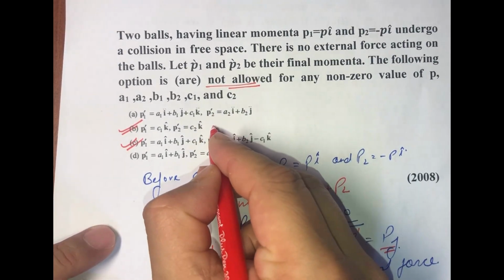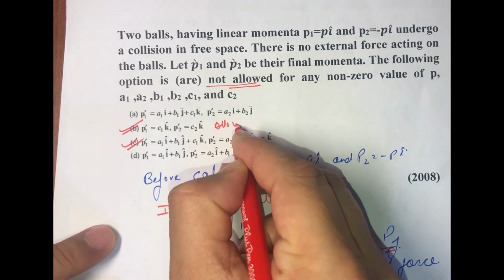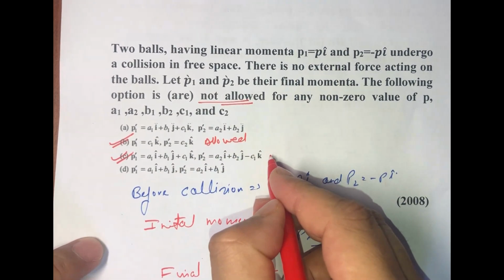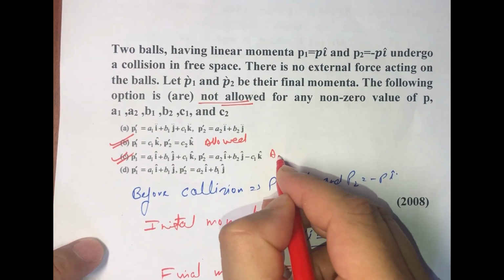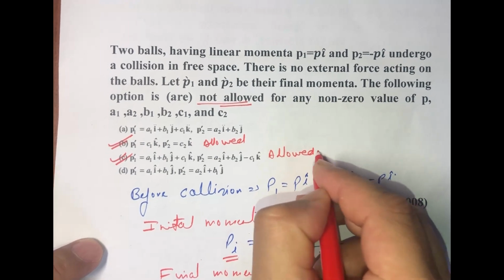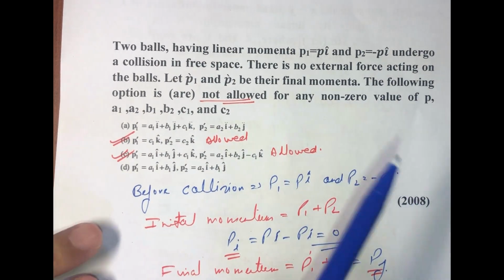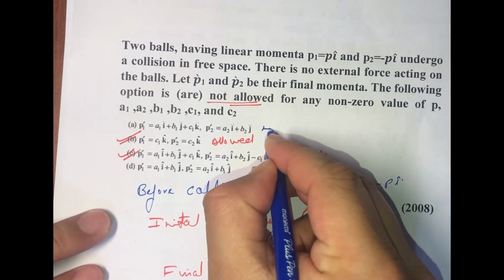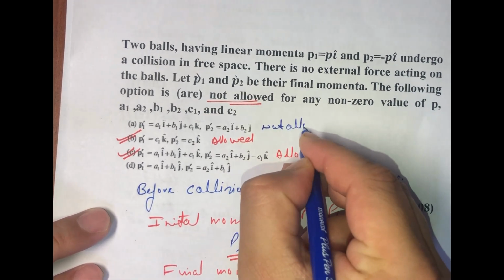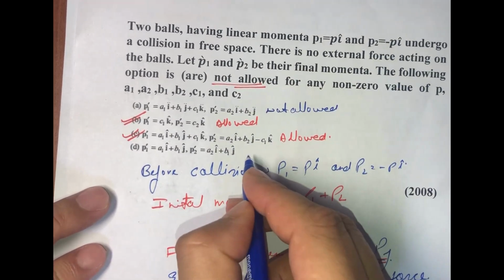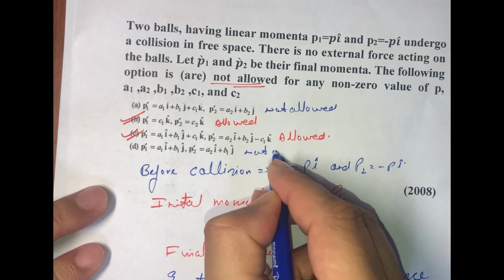So we can say this option is allowed and C option is also allowed, but the option which is not allowed is A. This is not allowed and this option is also not allowed.